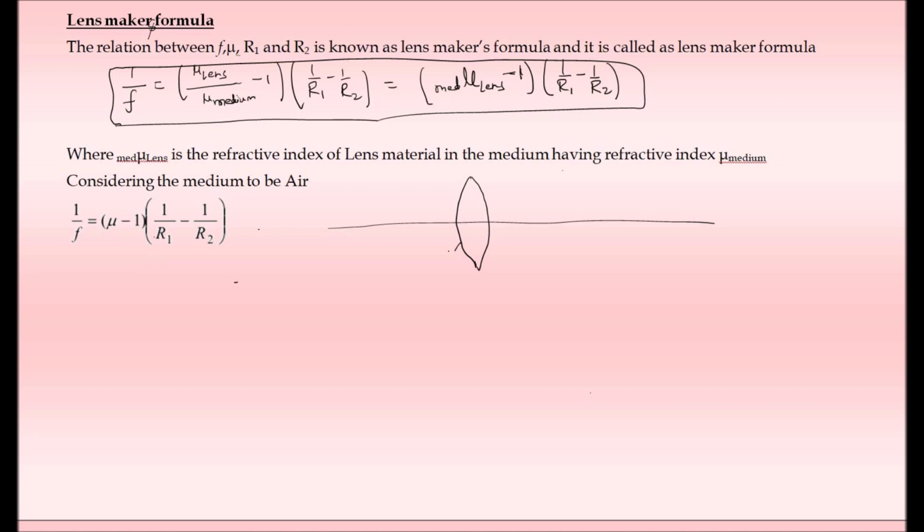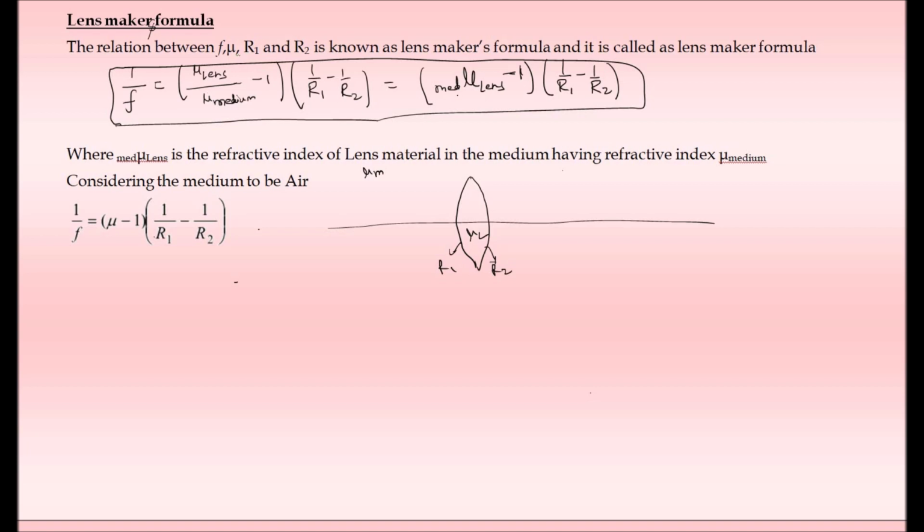This is the lens, the radius of its first surface is R1, and the radius of its second surface is R2. If the refractive index of this lens is mu L and the refractive index of the medium is mu medium or mu M, then the inverse of the focal length of this lens is equal to (mu lens divided by mu medium minus 1) into (1 by R1 minus 1 by R2).